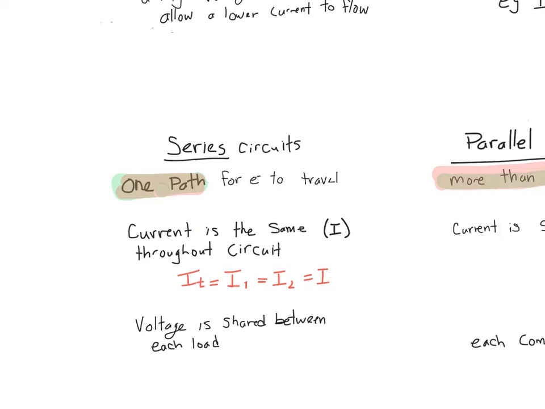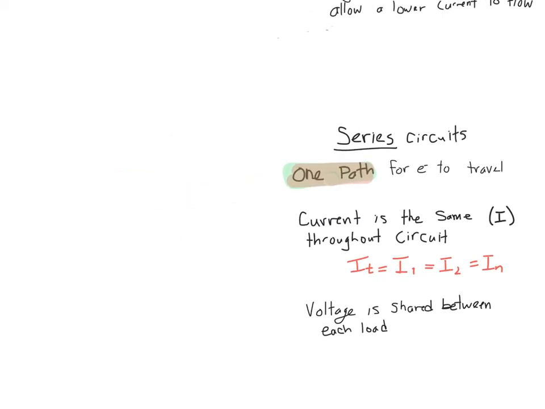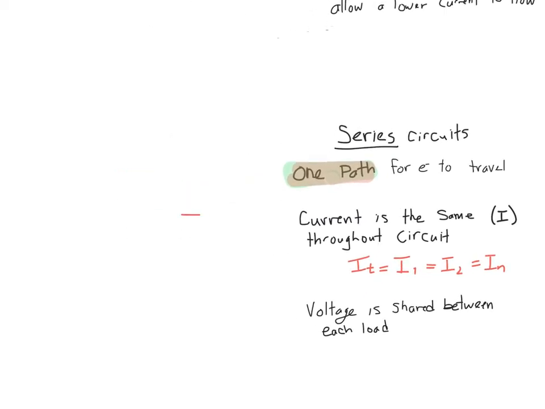Okay, so we could have many different points. Let's say we have a circuit over here, and we have an ammeter 1, and an ammeter 2, and a battery there. And so this would be I1, and this would be I2, and their current, the value, would be the exact same here and here.